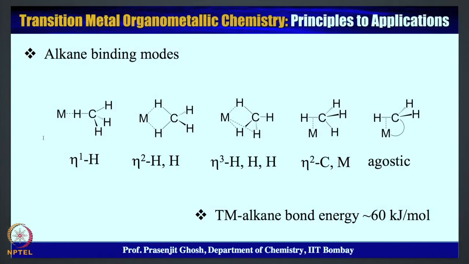So, what it shows is that an alkane, or the CH of an alkane, can bind in several ways in which the metal would interact with the hydrogen atom. It can interact with more than one hydrogen atom, up to 3, and also it can interact in an intermolecular as well as intramolecular fashion. When it is interacting in an intramolecular fashion, it is called agostic interaction.